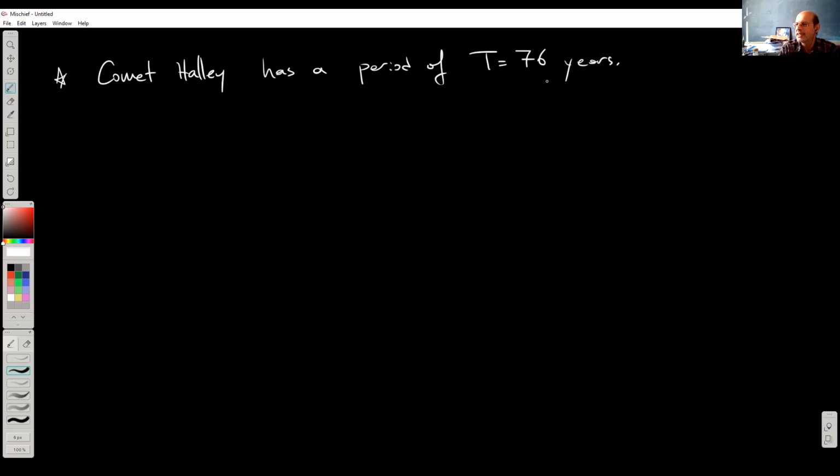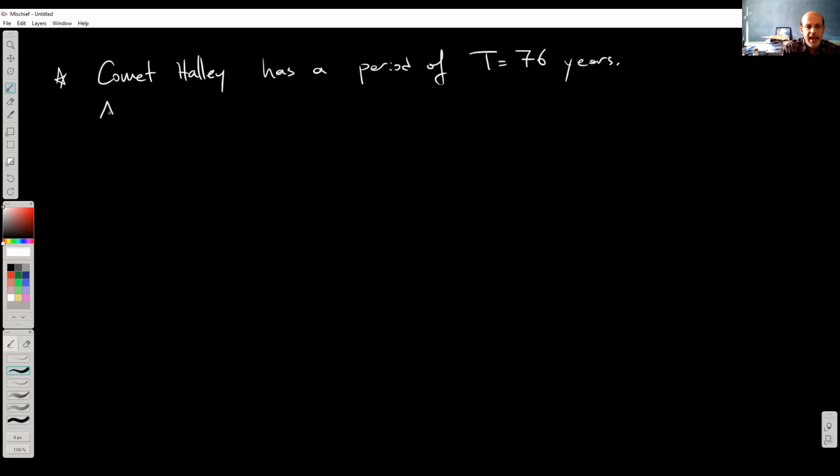The last visit was in the 1980s, 86 or 85, I don't remember, but when I was young actually. So count 76 years after that, and it will become visible again. It will come near. So Comet Halley has a period of 76 years.